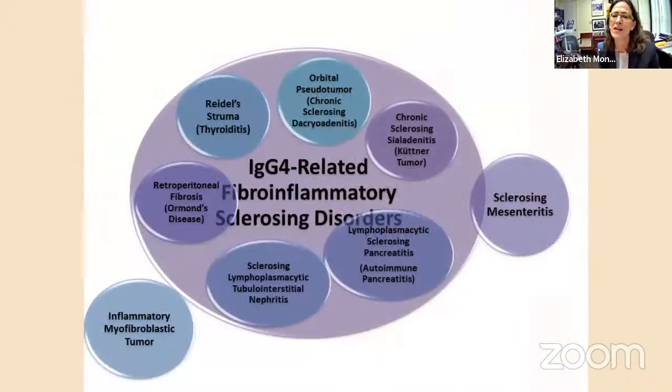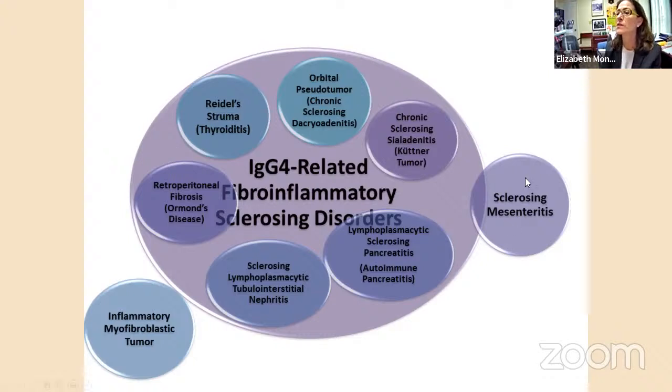All right, so I know when I was training, I was taught about all these different diseases: Riedel's struma, these orbital pseudotumors, sialadenitis, the Kuttner tumor, retroperitoneal fibrosis, and so on, and of course, autoimmune pancreatitis. And really, those are all under the umbrella of IgG4-related sclerosing disorders.